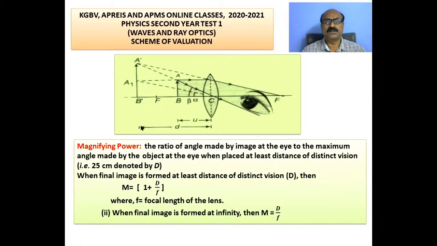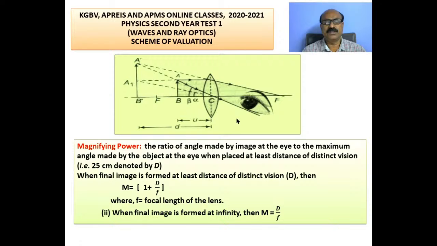This is also called the least distance of distinct vision, which is equal to 25 centimeters. This image distance is called the least distance of distinct vision. It is formed at this near point at a distance of 25 centimeters. So we have to draw this figure and mention the labels with a neat ray diagram. While drawing the diagram, you have to use a scale and pencil.